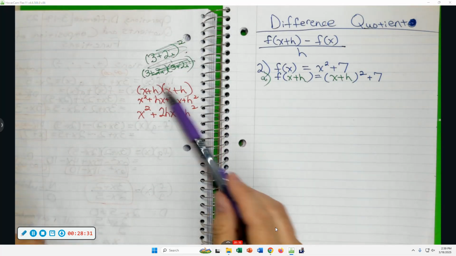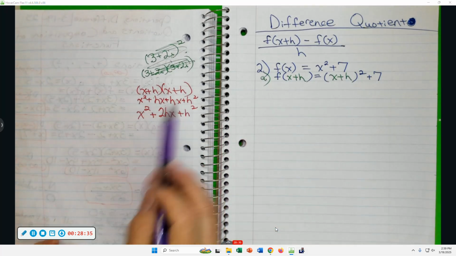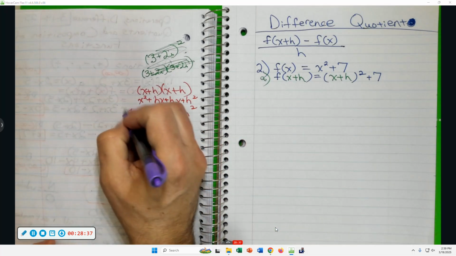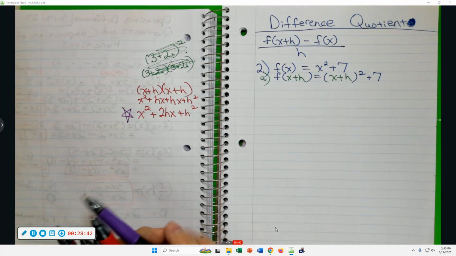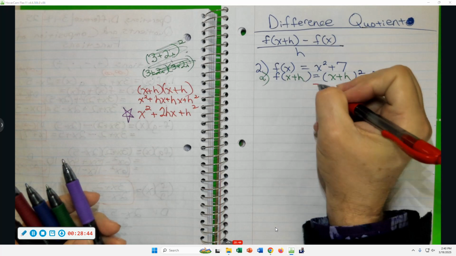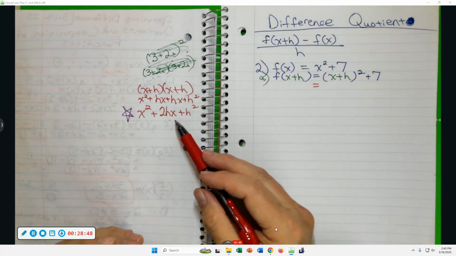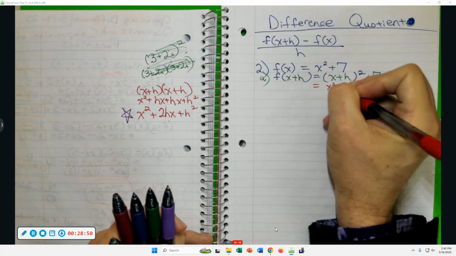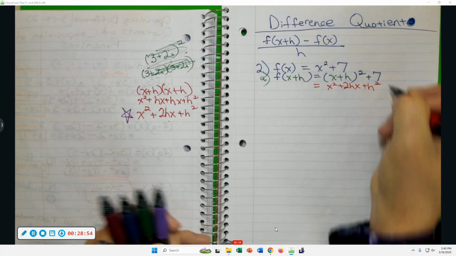If you're squaring x plus h, write it twice, FOIL it out. So, for part A, x plus h quantity squared became x squared plus 2hx plus h squared.